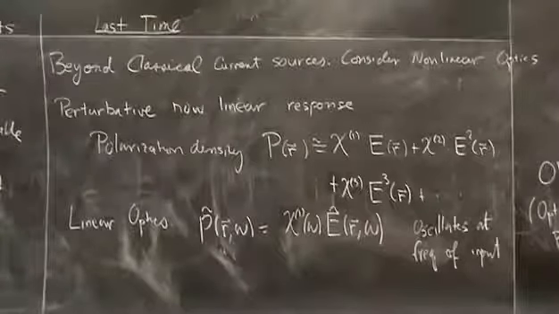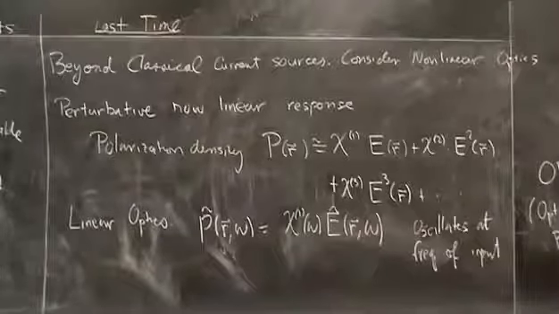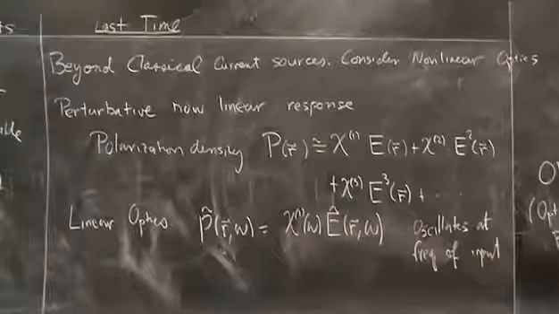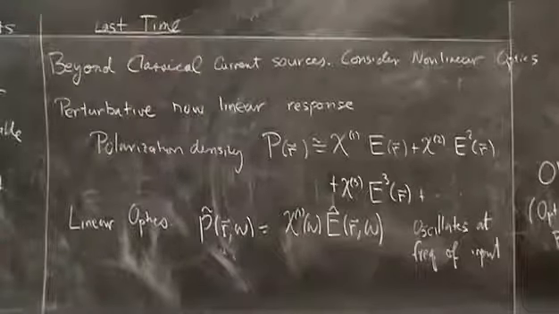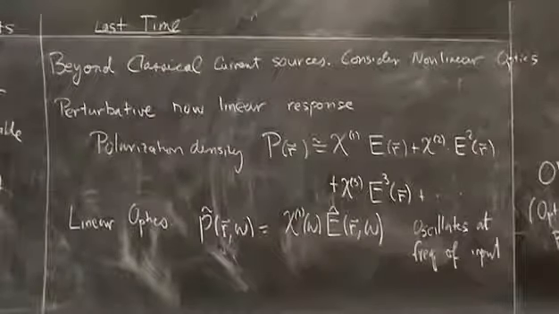What we're looking at is the situation in which we have some material, we have some dipole response, and that dipole response is no longer describable by the Lorentz oscillator model. The Lorentz oscillator model is a charge on a spring. If you pull the spring hard enough, it's going to be nonlinear.